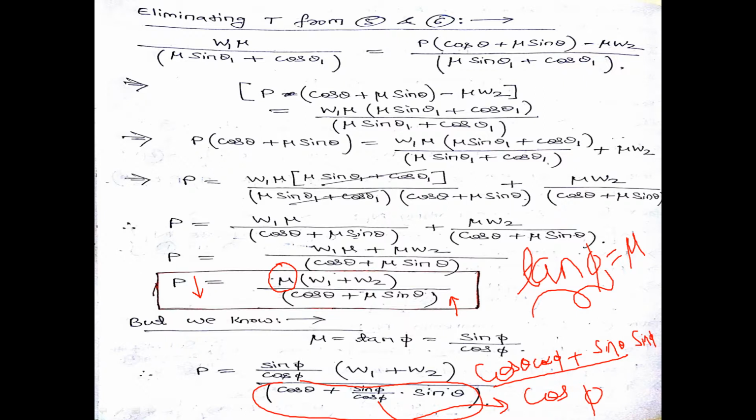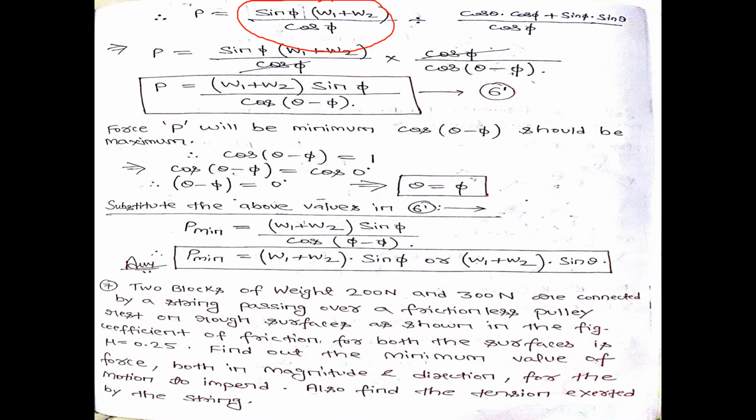Fine. So when you change the sign of division to multiplication, this cos phi will come in the numerator part, and this cos theta cos phi plus sin theta sin phi will come in the denominator part. And I know that cos A cos B plus sin A sin B is nothing but cos of (A minus B), that is cos of (theta minus phi).